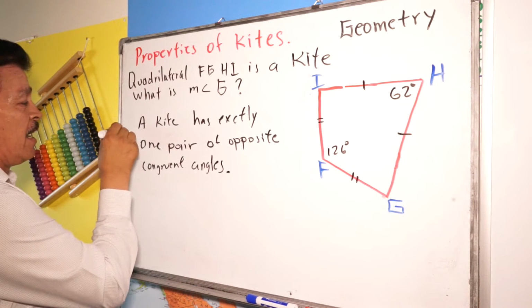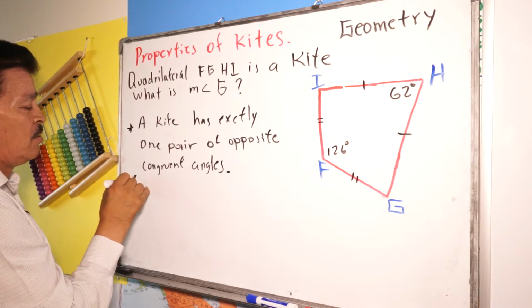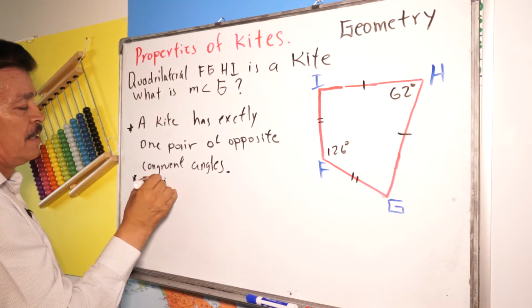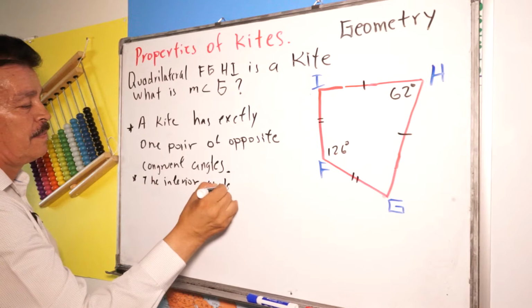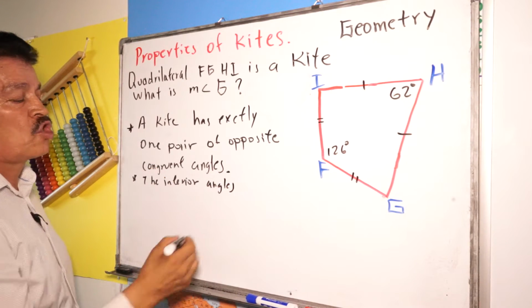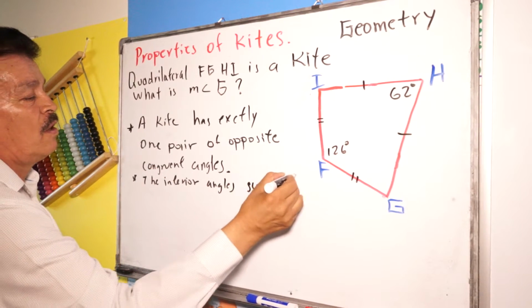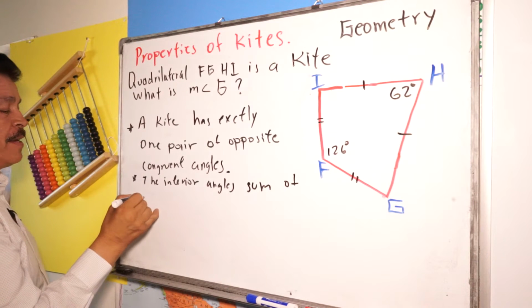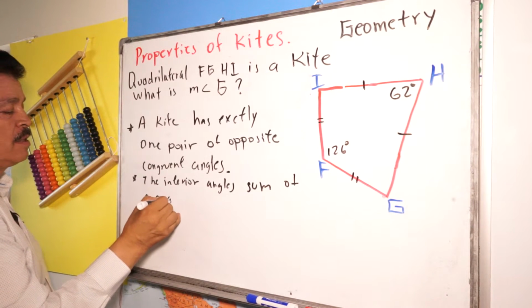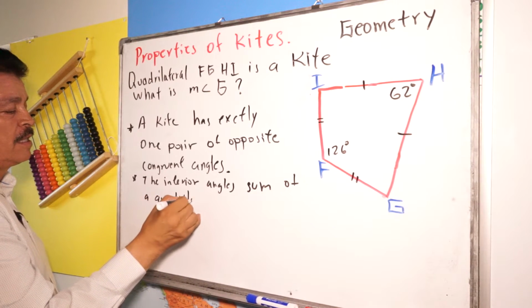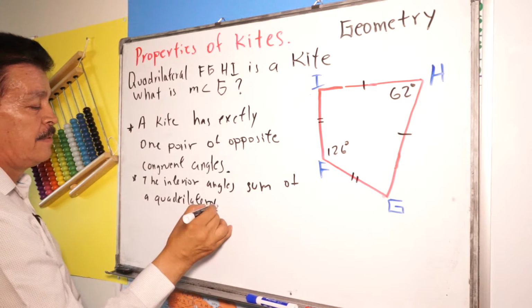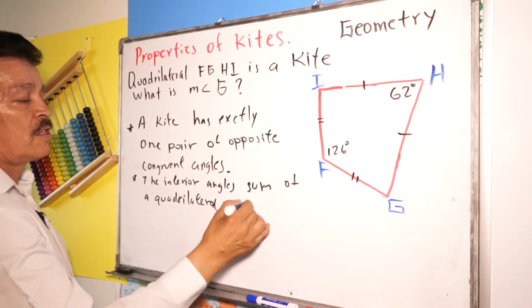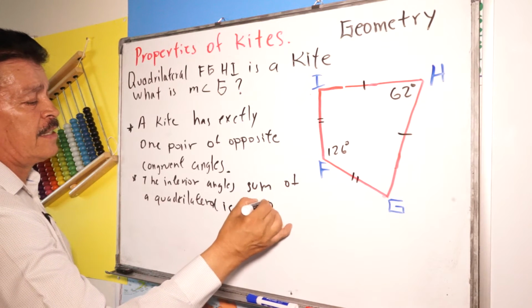Another thing is, the second thing is the interior angles sum of a quadrilateral is 360 degrees.